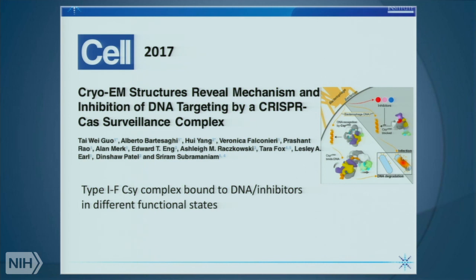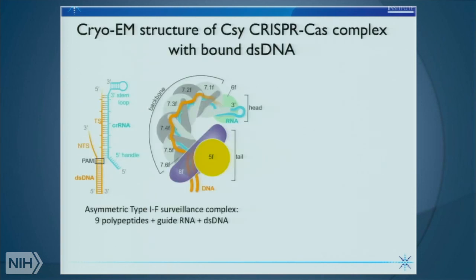But the work in Dinshaw's lab was focused, at the time when we began this, on a particular class of these complexes, type 1F, and Taiwei Guo in the lab, who was a post-bac student, led this work and was able to work with Dinshaw's lab and other people in the lab to determine the structure of this complex, both in the presence and absence of bound DNA.